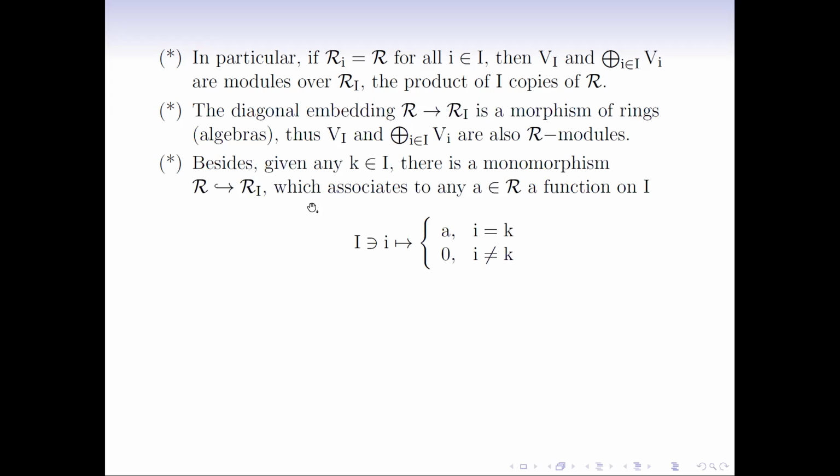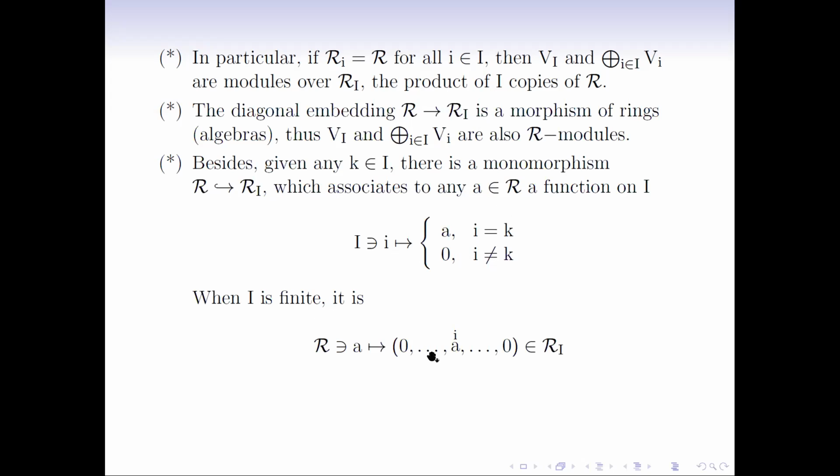But there are also a variety of choices for how to make the product of Vi into a module over R. For any index k from I, there is a monomorphism from R to the product of Ri, which associates to any a the function which is non-zero, equal to a, only at k and zero otherwise.